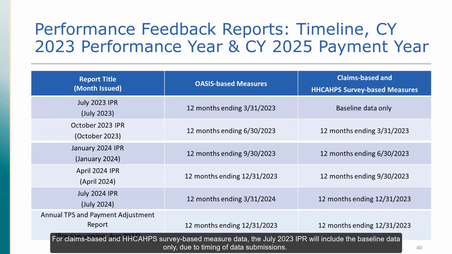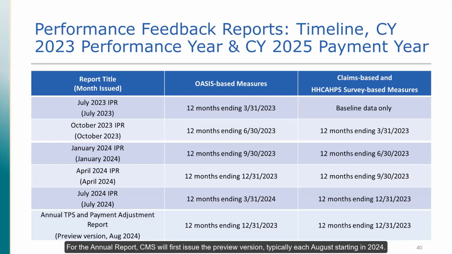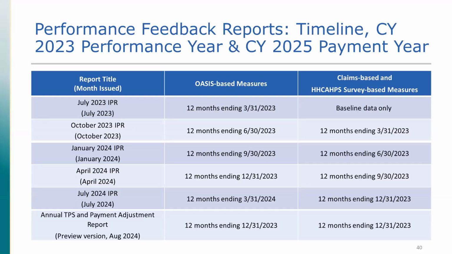For claims-based and HHCAHPS survey-based measure data, the July 2023 IPR will include the baseline data only due to timing of data submissions. For the annual report, CMS will first issue the preview version, typically each August starting in 2024.